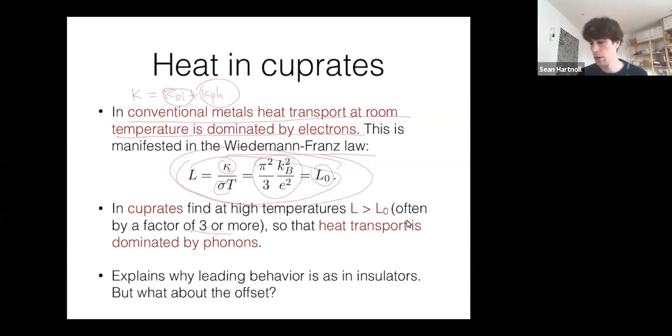For me, the picture is that there's thermal conductivity relative to the electrical conductivity, and this is possible because the electrical conductivity is small. These are not good metals. You do not want to cook with a cuprate, because the electrons are not moving around fast enough, and they don't conduct heat. So there's too much heat being carried, and all the behavior at high temperature looks very much like an insulator, which means it looks like it's carried by phonons.